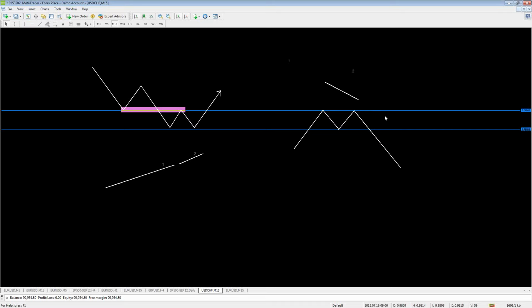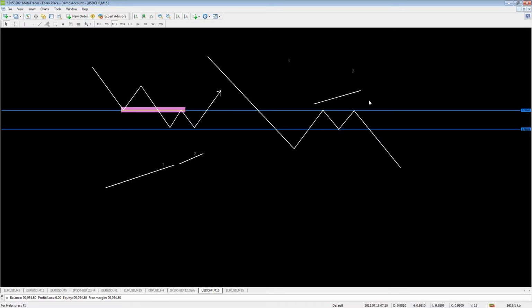But sometimes, just like I showed you now, the divergence is the other way around. Although the second high is not higher, the oscillator gives us a higher high in the overbought zone. And this is usually during a downtrend, when we have a general downtrend.